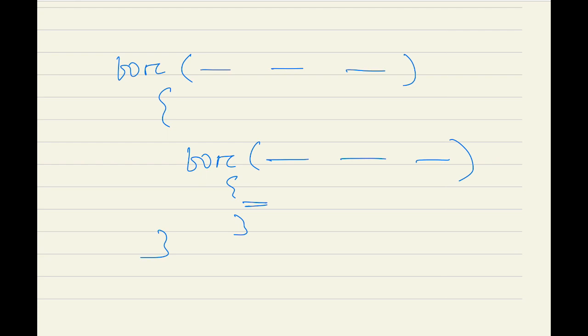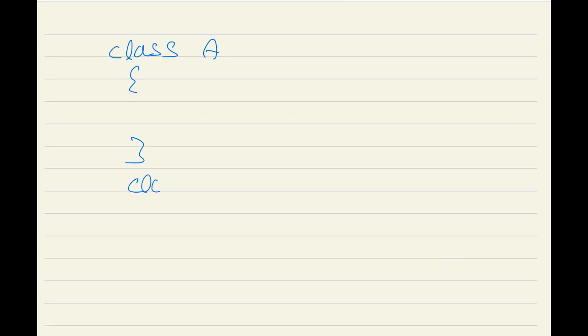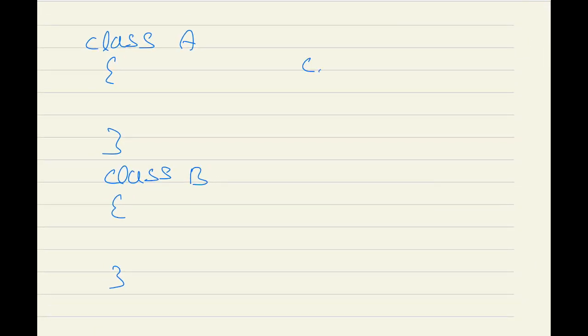Similarly, if we write one class inside another class, that is called nested class. Previously, all the classes that we discussed were written independently, like class A with the body of class A, then class B with the body of class B. Now we are going to write a class, suppose the name of the class is outer.